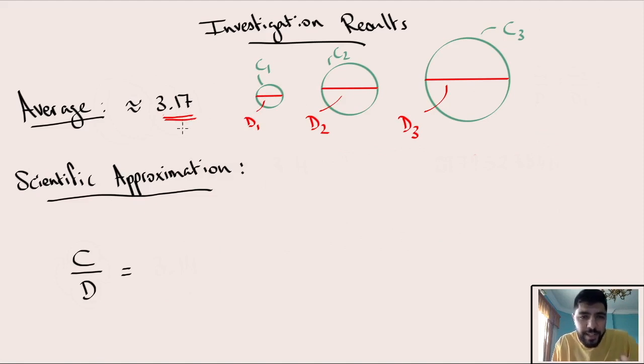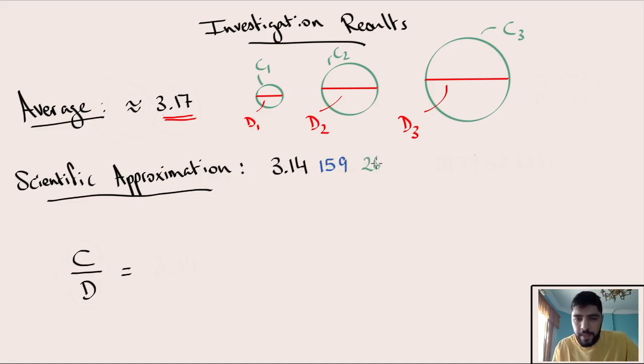This is actually not a bad approximation. The ancient Babylonians made a slightly worse approximation than this, and the ancient Egyptians made a slightly better one. The current scientific approximation, the most accurate humans can do, is around 3.14, but it can keep going depending on how precise you want to be.